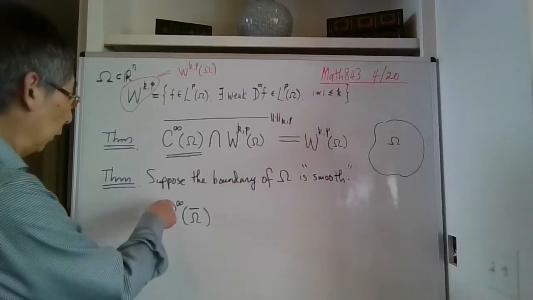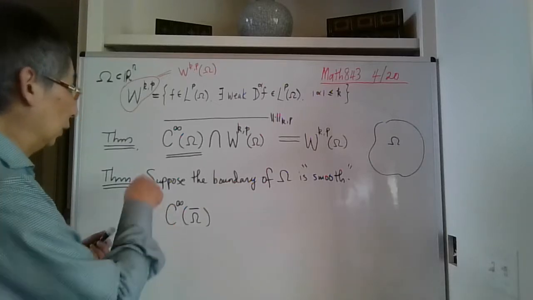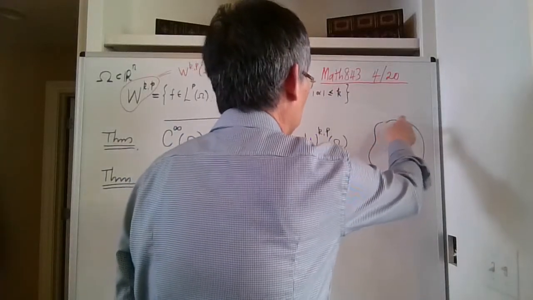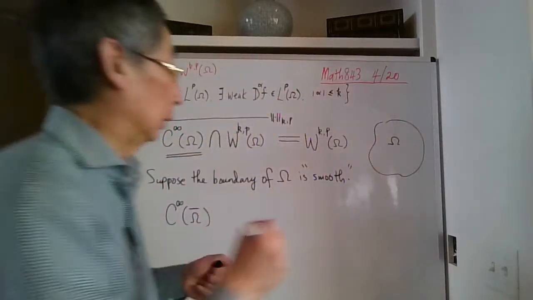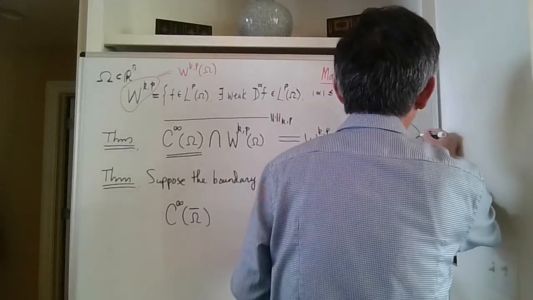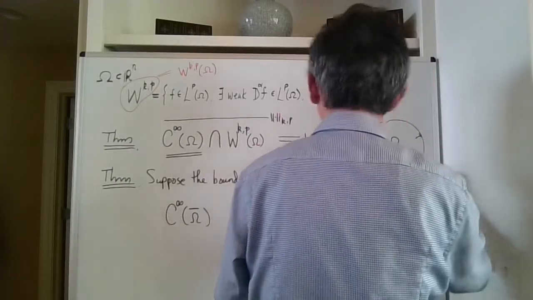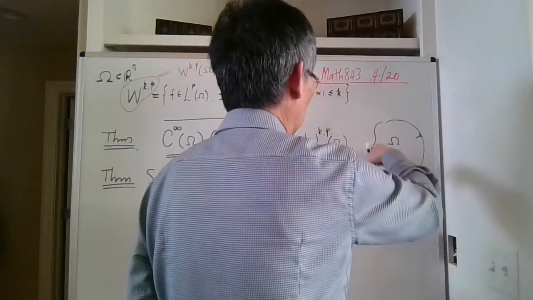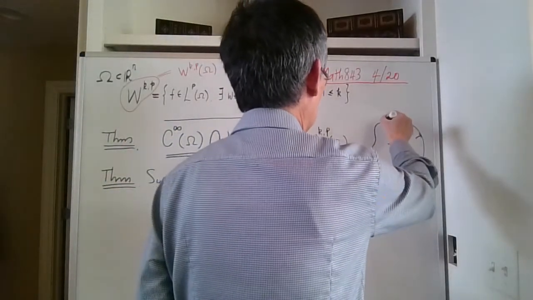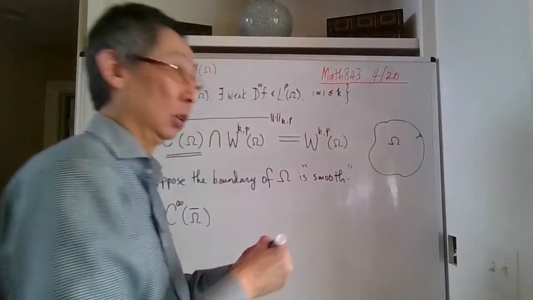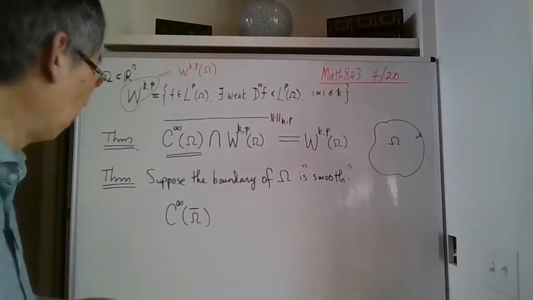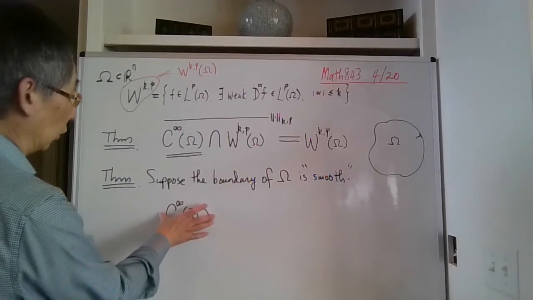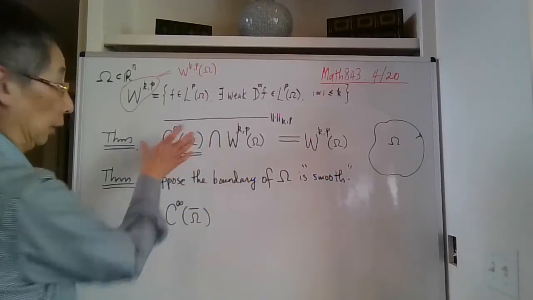Any function like this is not only smooth inside Omega, it is smooth up to the boundary, so it can go right to the boundary. On the boundary, for instance, you can talk about the restriction of this function, and the restriction itself becomes another smooth function on a lower dimensional manifold. So this function is a subset of C^infinity(Omega).